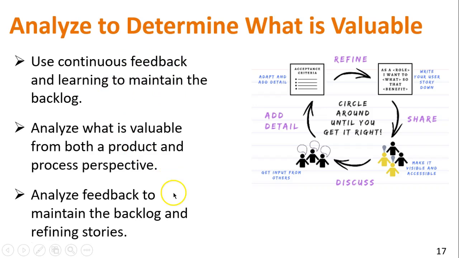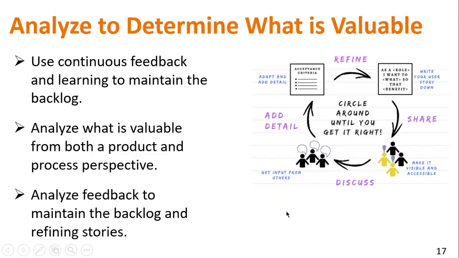And obviously, we're looking at taking the feedback that we have and applying it specifically to the backlog and to user stories, so that we refine our user stories as we need to. Okay. The picture on the right is nice because it is always a circle.